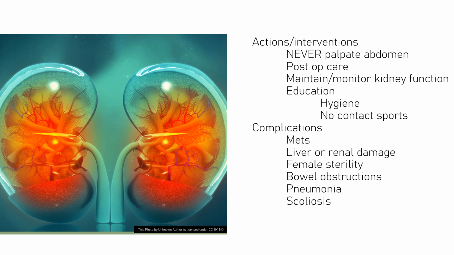But at the point that we expect or suspect Wilms tumor, we never press on their abdomen or flank again, because doing that can cause what is called tumor seeding. Basically we would smush the tumor and it would seed tumor cells into the bloodstream and cause metastasis if there isn't any yet. And we don't want to do that.